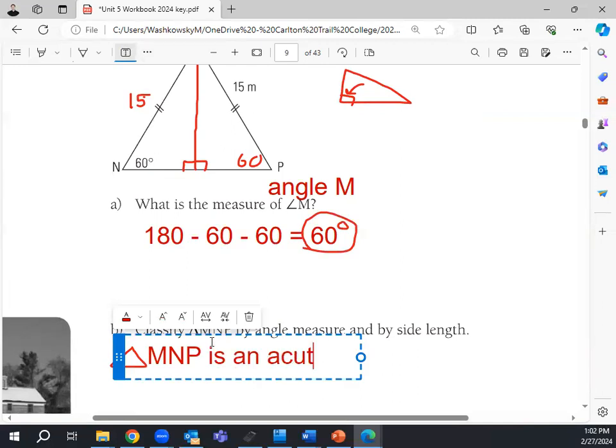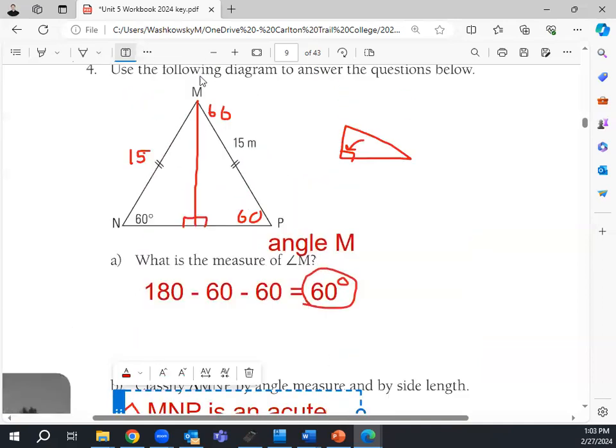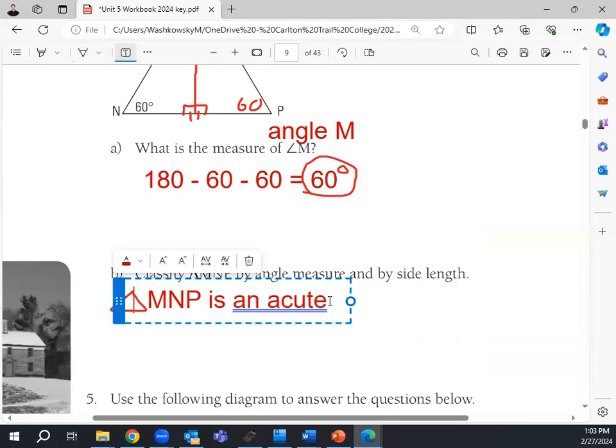The goal here is to summarize this as quickly as we can. What about the side lengths? It is isosceles, but if all three angles are the same, that would also mean that all three sides have the same length too. So it's actually an equilateral triangle.